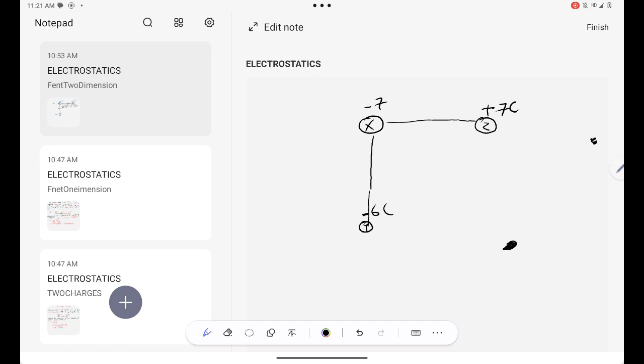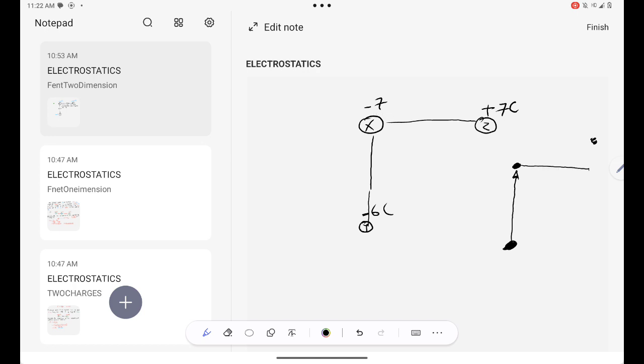Firstly, I will check how charge X is going to behave as a result of charge Y. Both charges are negative, so they will definitely repel one another. So charge X will be pushed upwards like this, and then I'll start right there to check the relationship between X and Z. X and Z are attracting one another, so X will be pulled towards the right.